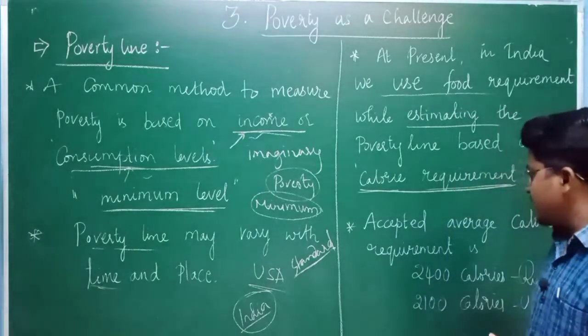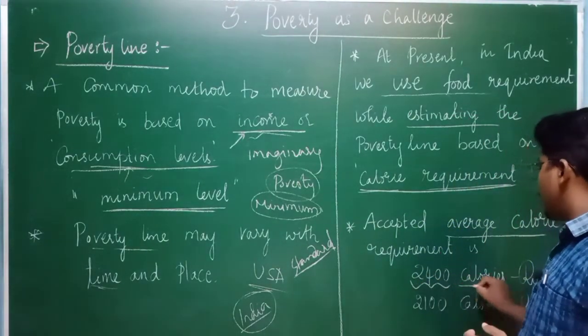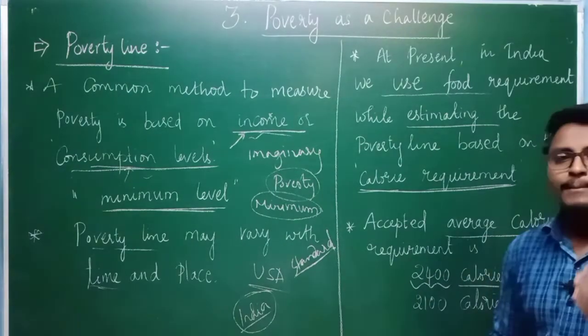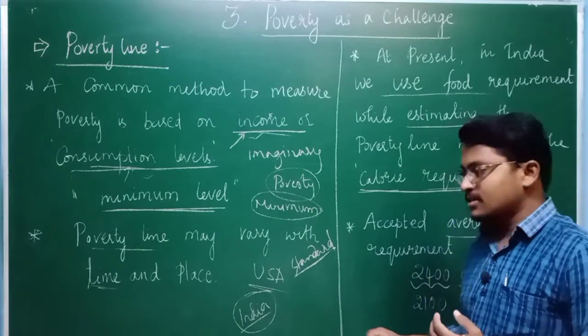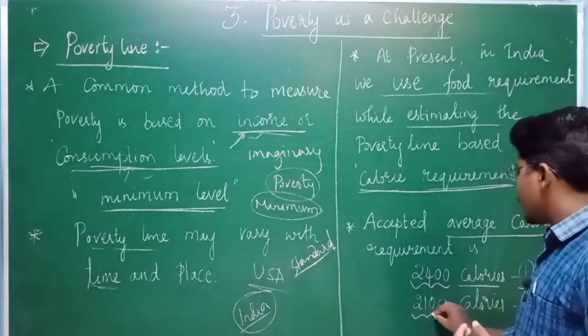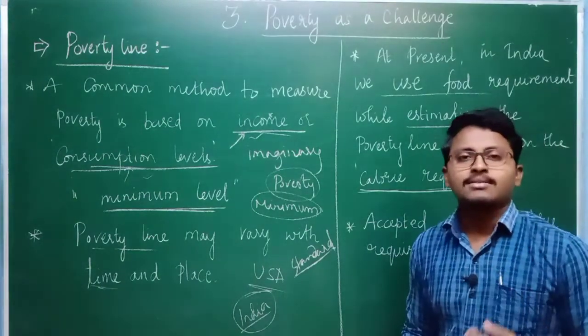The accepted average calorie requirement is 2400 calories per person per day in rural areas, and in cities it is somewhere around 2100 calories per person per day in urban areas.